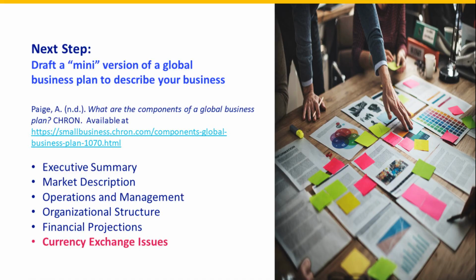In fact, you are going to go beyond the general description and discussion and begin shaping a mini version of a global business plan. This will give your project a more practical, real-world feel. A strong business plan typically includes an executive summary, a market description, details of operations and management, your organizational structure, financial projections, and issues related to currency exchange.